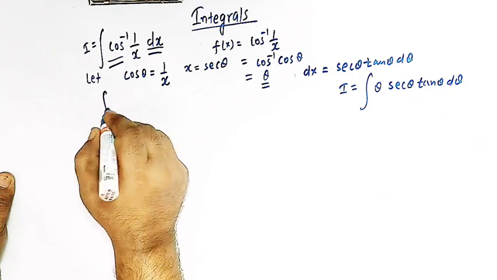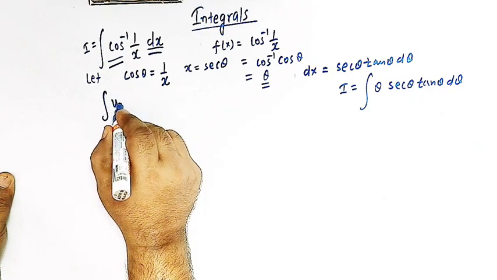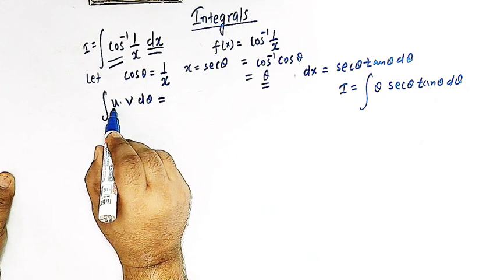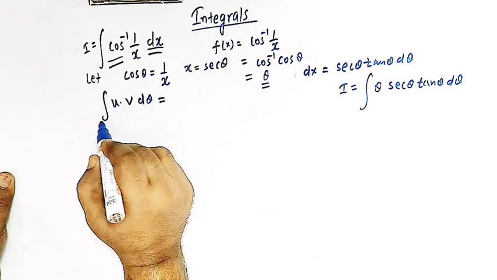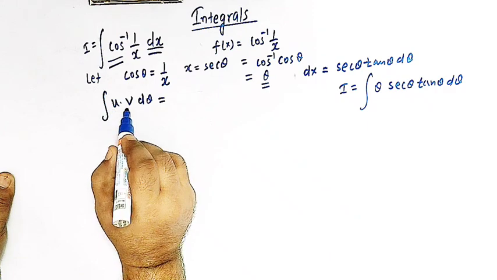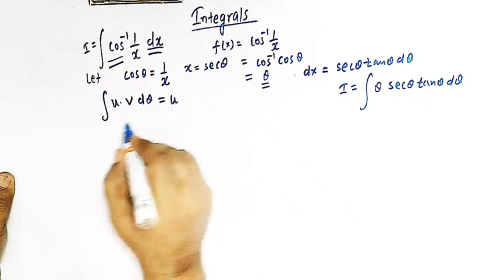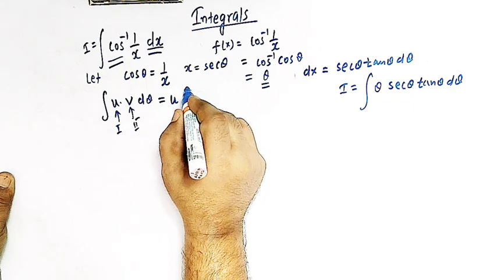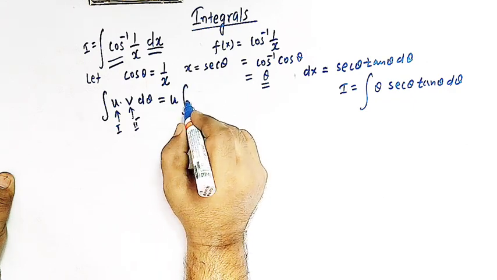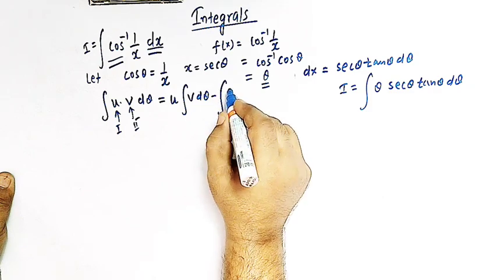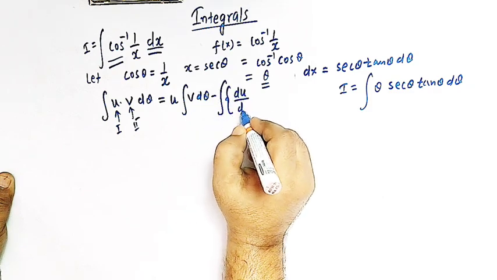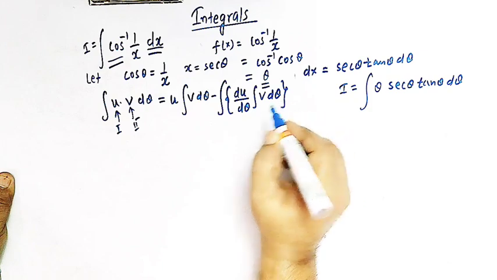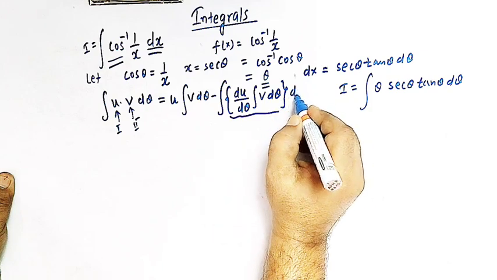Suppose u and v are functions of theta, then the integral of the product of the functions u and v, with d theta, is given by u, taking u as the first function and v as the second function, multiplied with the integral of v, minus the integral of the derivative of u with respect to theta times the integral of v d theta, and then this entire term is integrated with respect to theta.